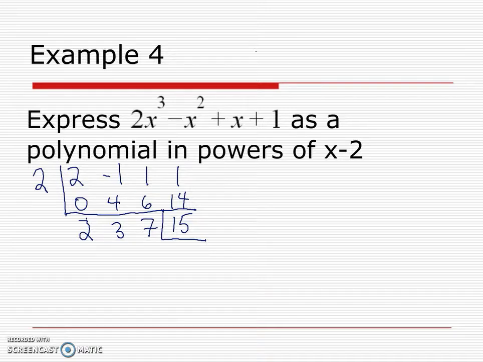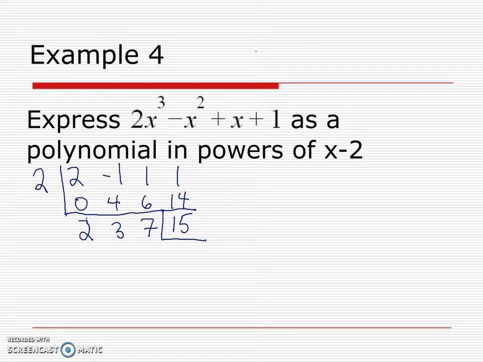So whereas this polynomial is 2x cubed minus x squared plus x plus 1, the answer that I'm looking for will be some coefficient times the quantity x minus 2 cubed plus some other coefficient times the quantity x minus 2 squared, etc., right? The way we accomplish this is to repeatedly divide the polynomial by x minus 2 in this case, the divisor we're looking at.